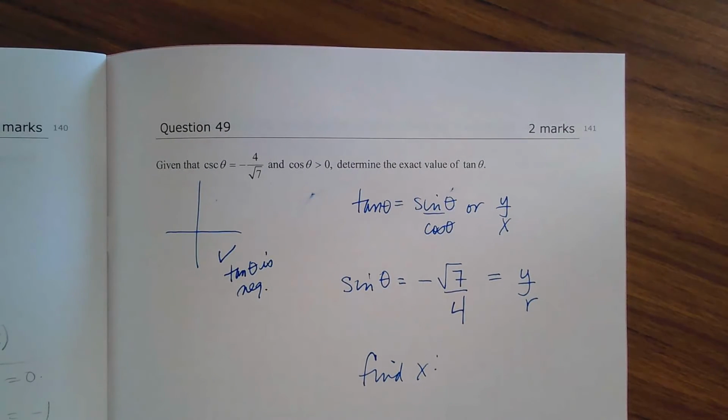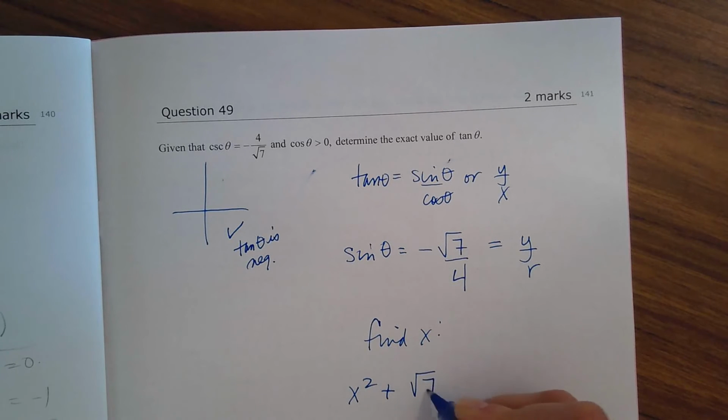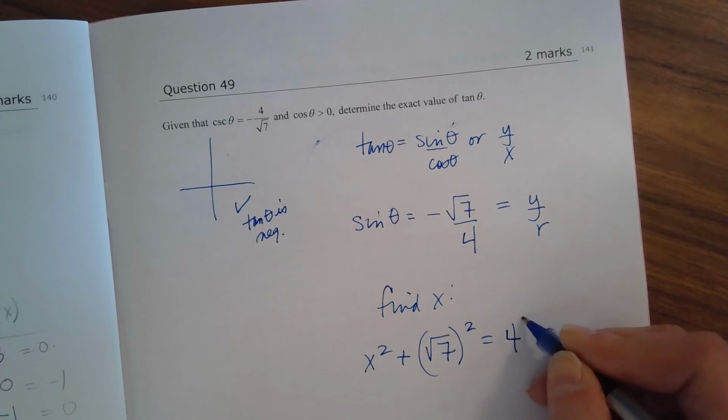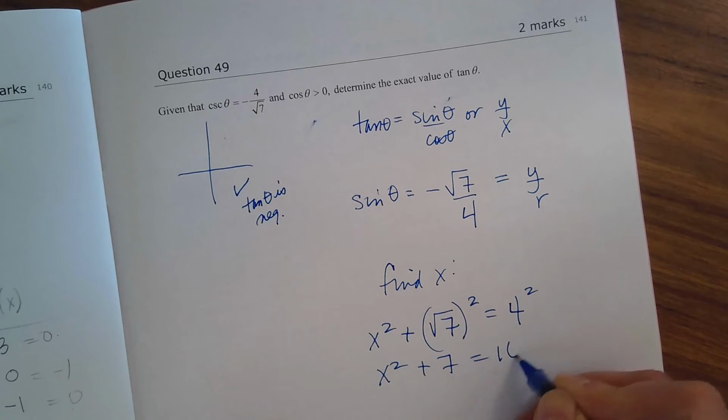x squared plus y squared is r squared, right? So x squared plus root 7 squared equals r squared, right? So x squared plus 7 equals 16. x squared equals 9. x equals 3. Okay, perfect.